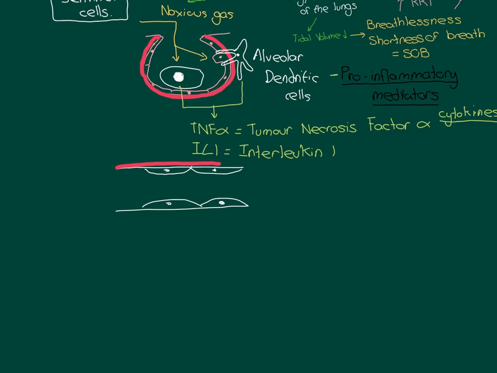Often the basement membrane of the pulmonary capillary will be pressed right up against the basement membrane of the alveolus, and therefore effectively they're fused into one, and that limits the diffusion distance for gases. Oops, I've done that mistake again. Let me just rub that out. All that can go. So this is my pulmonary capillary.